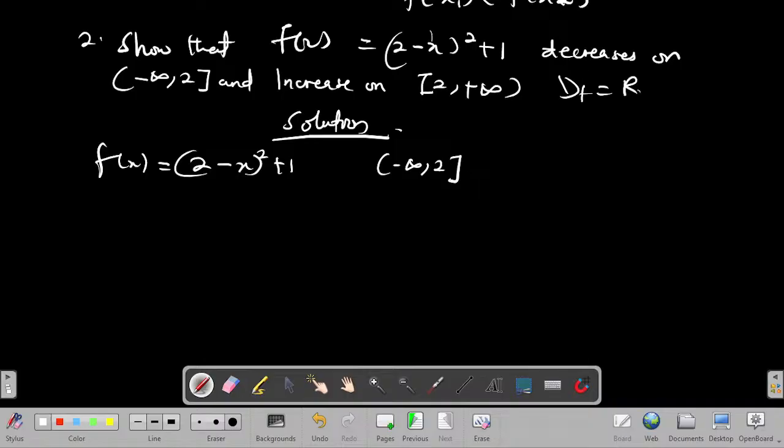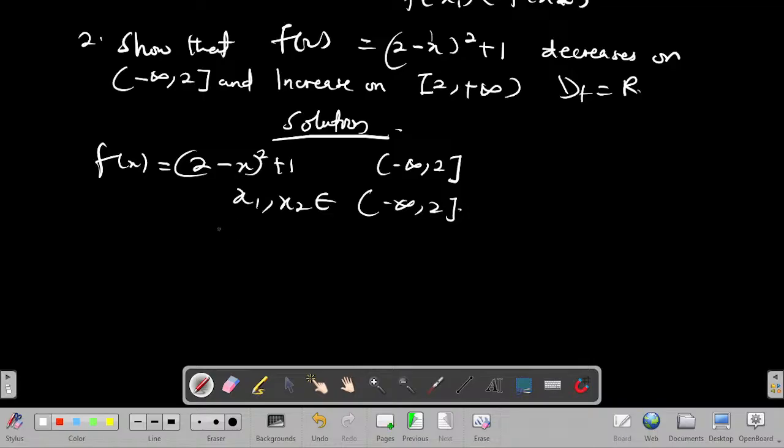So what do we do? As usual, you select any random two members of the interval, say x1 and x2, which are members of our domain. The domain is given as negative infinity to 2.